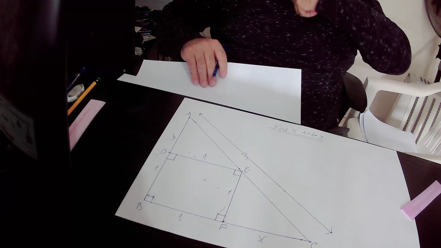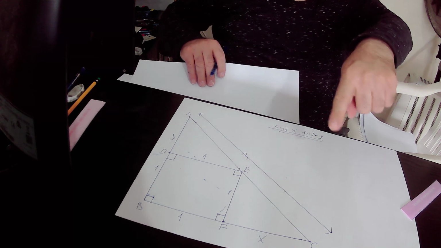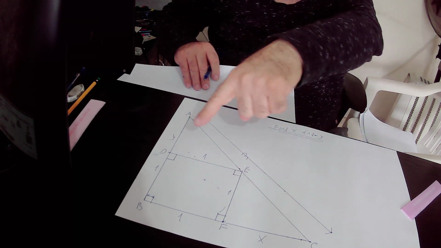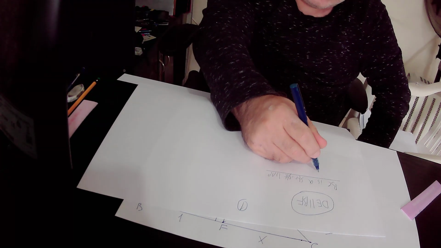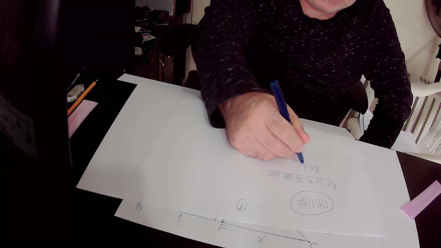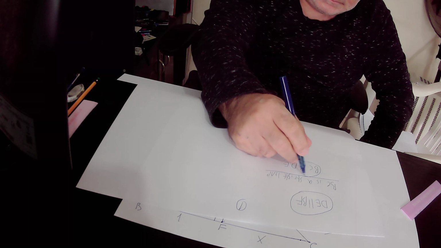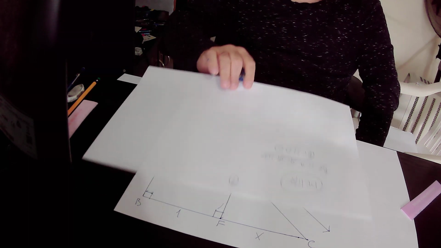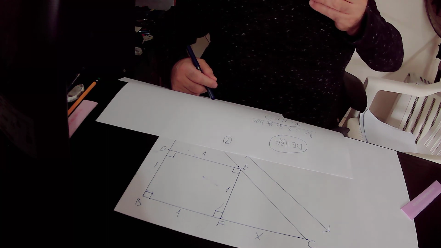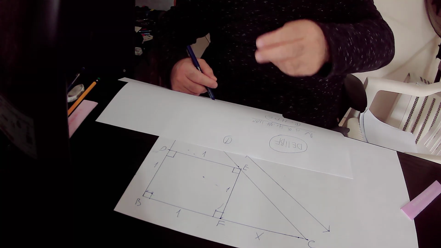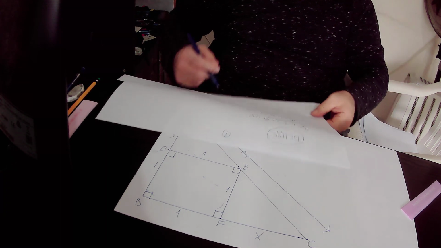So if part of a straight line is parallel to DE, then the straight line itself, BC, will also be parallel to DE. Therefore, BC is parallel to DE.